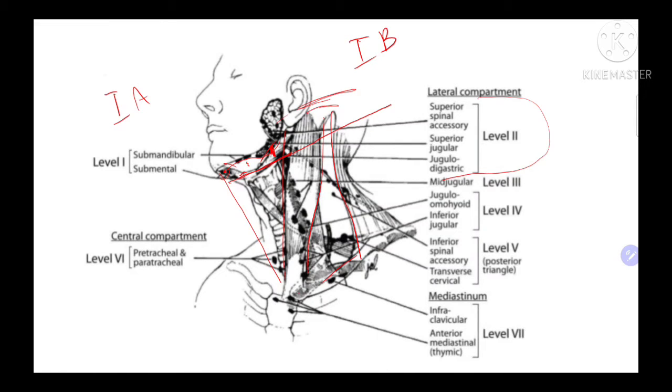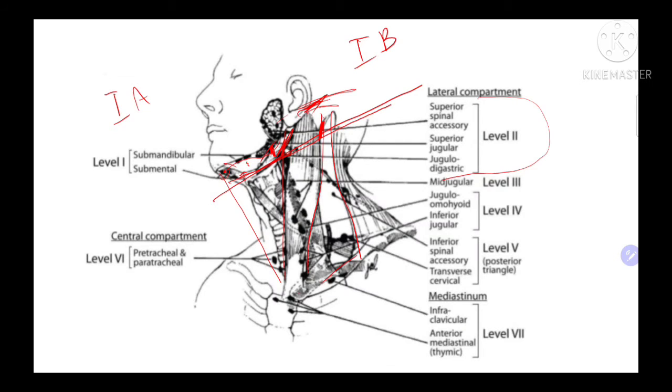Posterolaterally, the posterior border of the sternocleidomastoid muscle. And medially, the medial border of the internal carotid artery. So you see the limits here, the imaginary line.